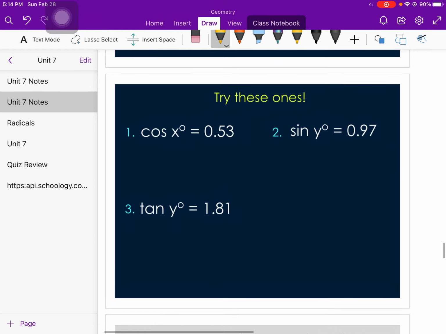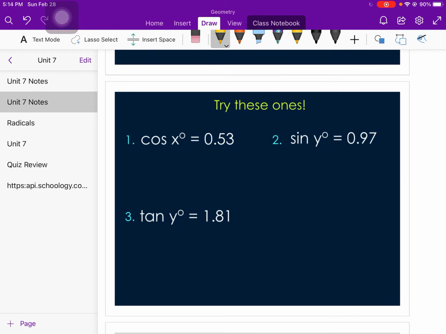But going on, what do we do when we have cosine of an unknown angle equal to a decimal? Now remember, each of these decimals would be two sides of a triangle, because it's a ratio, but it's just the actual sides divided and simplified into a decimal.